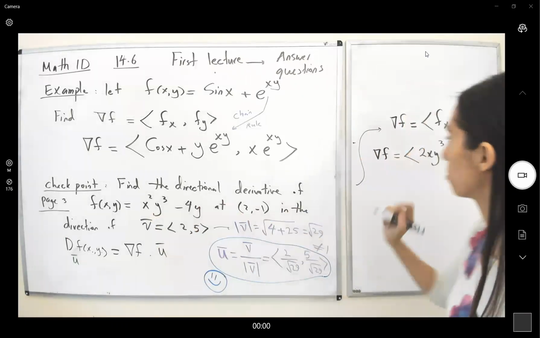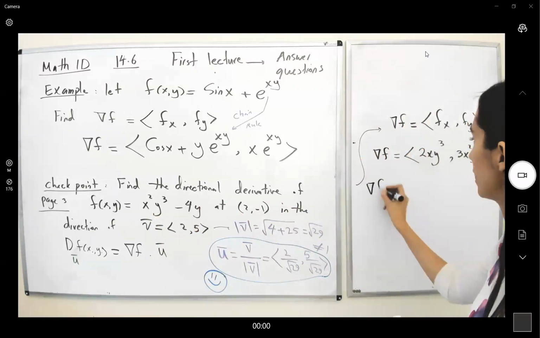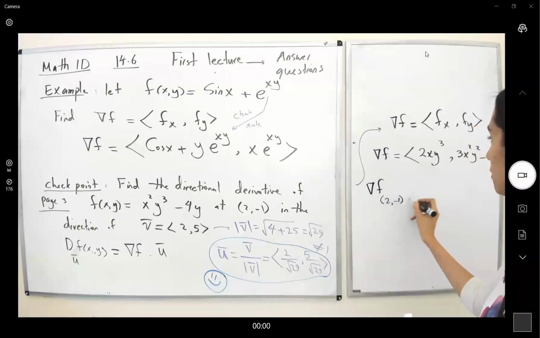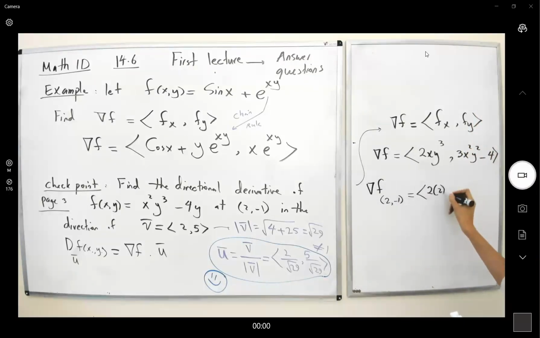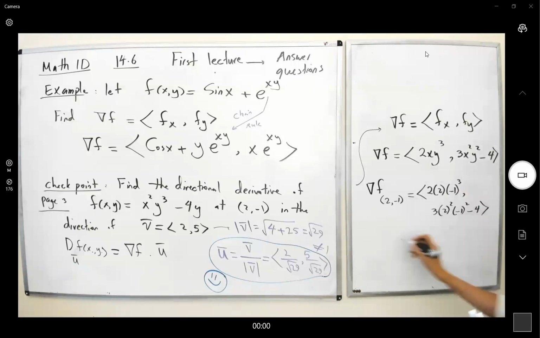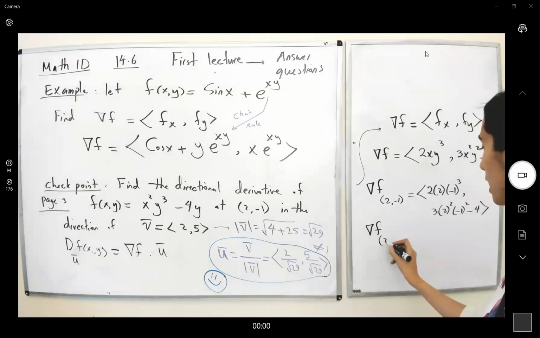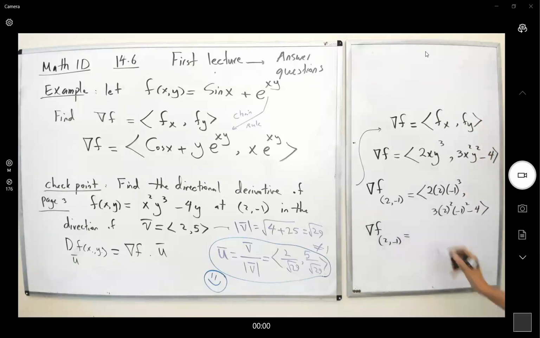You plug in 2, you plug in -1, so the gradient of f at point (2, -1) is equal to 2 times 2 times (-1) to the third, comma, 3 times 2 squared times (-1) squared, minus 4. Let's do the calculation. Here we get -4, comma, 12 minus 4, which is 8. As you can see, the outcome is a vector, not a point.